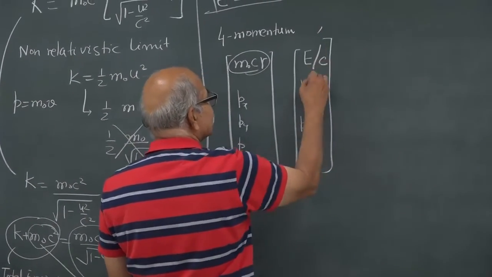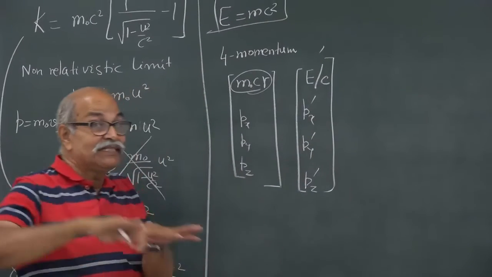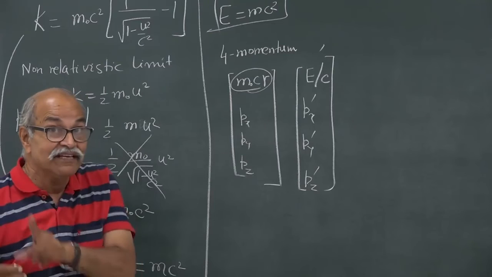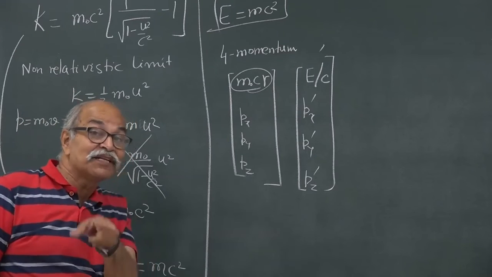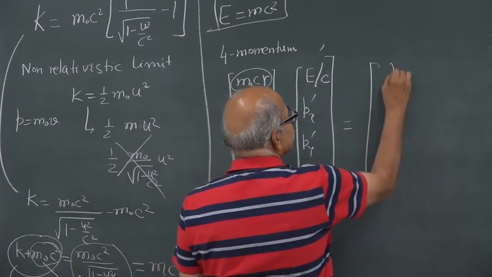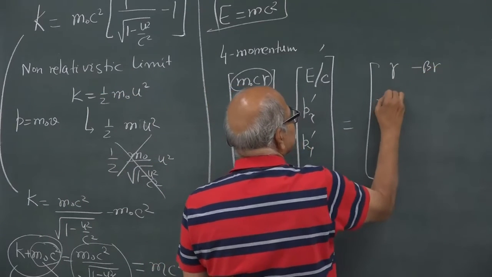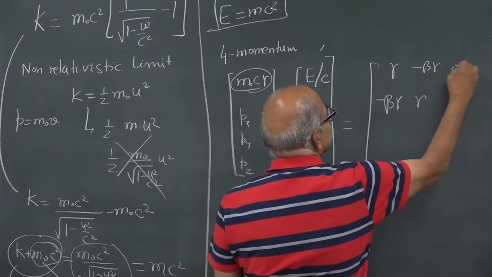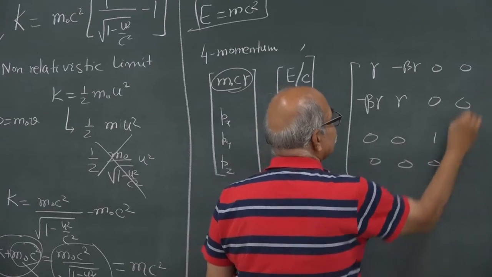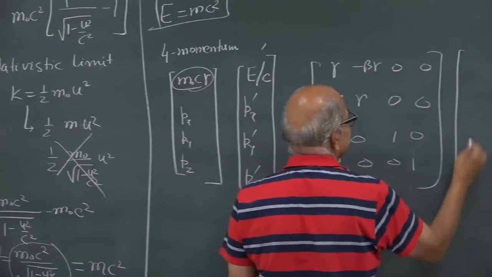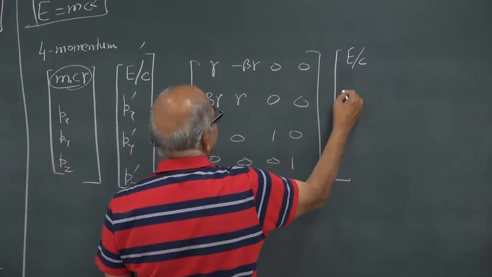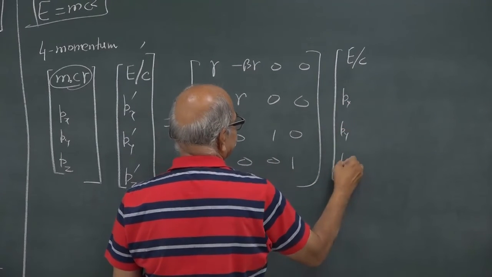So in primed frame, let us say these are the quantities. Now, I am changing frame, going from S to S prime, moving with velocity v, and then there is a gamma corresponding to that v, and then you know what is the Lorentz transformation. It is gamma, minus beta gamma, minus beta gamma, gamma, 0 0 0 0 0 0 1 0 0 0 0 1, that is the Lorentz transformation, and then in S frame the total energy is E. So, E by c here and then Px, Py, Pz here.